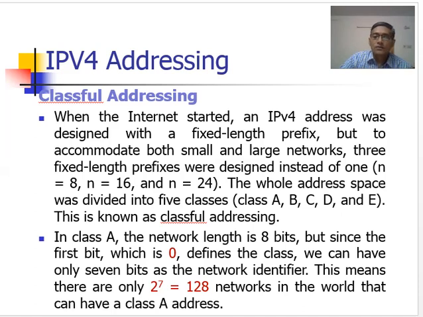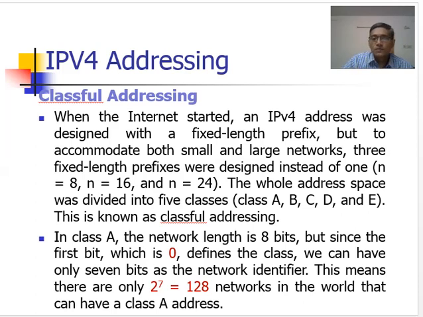Now we will see in detail how to identify which particular IP address falls in which class. In class A, the network length is 8 bits. As I have already told you, the IP version 4 address has two parts, the network part and the node part.